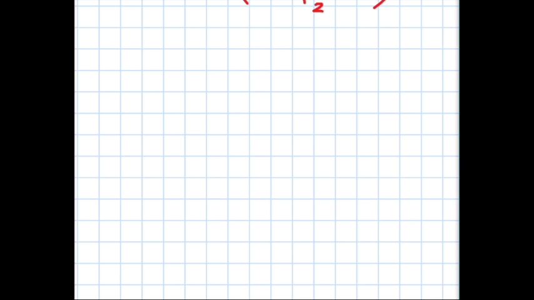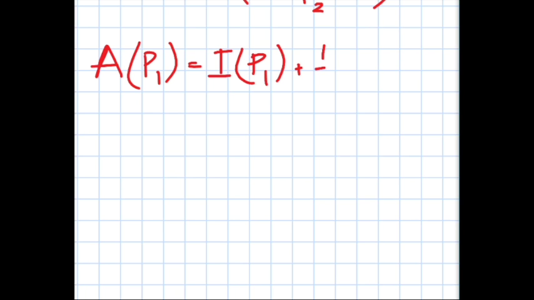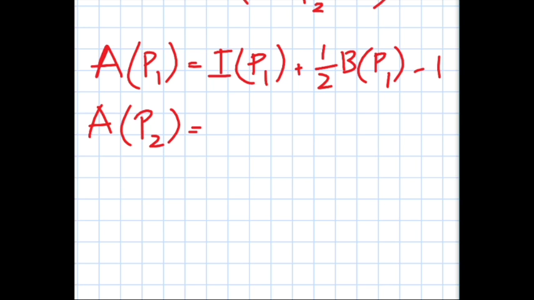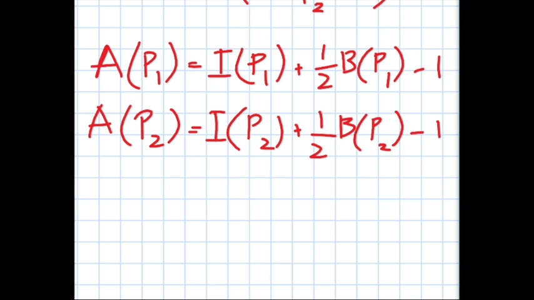So let's see. Let's say that we have area of P1. This is given by I of P1 plus half B of P1 minus 1, and area of P2 is given by I of P2 plus half B of P2 minus 1.